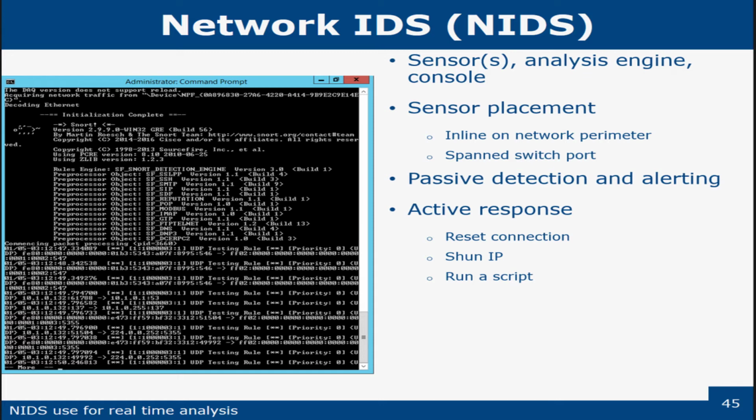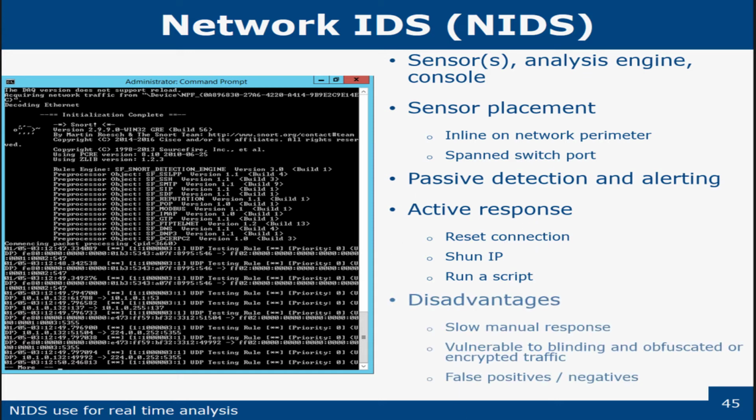Just for the test, I want to make sure you get the difference. Passive is going to let you know, but it's not going to try to stop it. Active response is where it's going to let you know, but it's also going to try to drop the connection or do something. You could also run a script, or drop the IP. Those are the common responses.